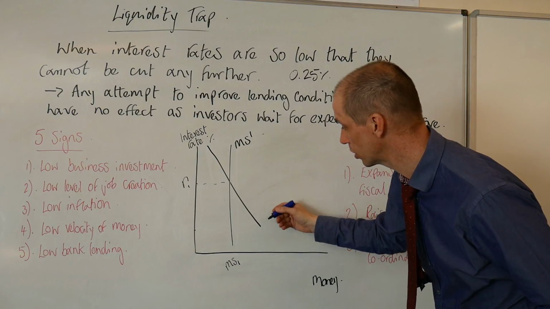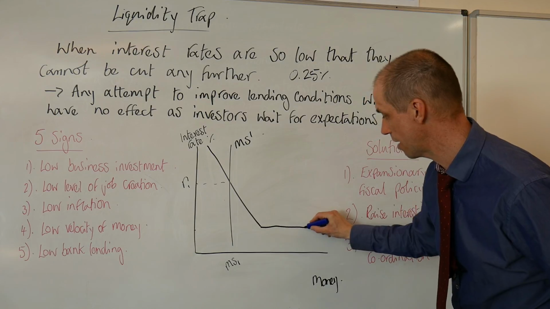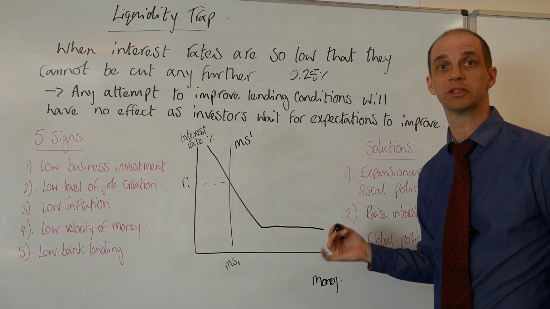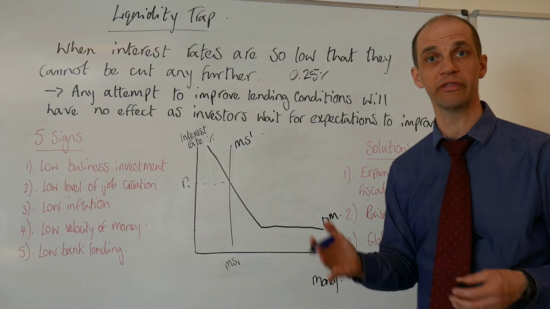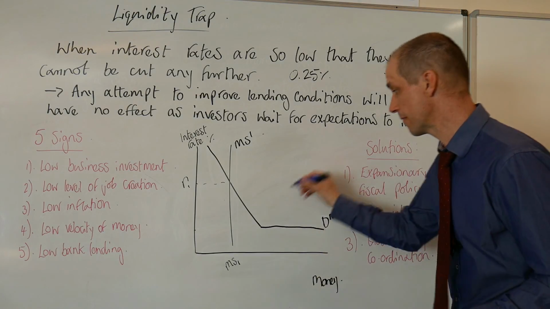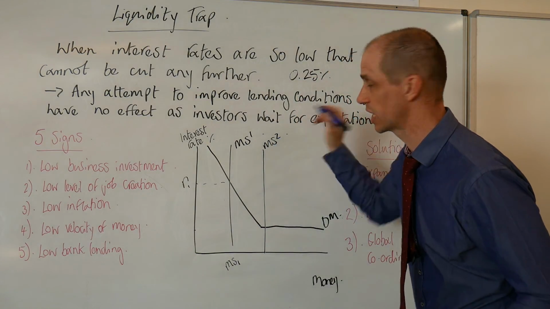So what we're really talking about is a very low level of interest rates, and at that level, the demand for money becomes perfectly elastic. The demand for money becomes perfectly elastic because people will continue to hoard cash.